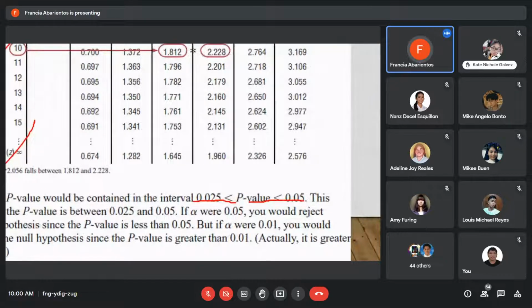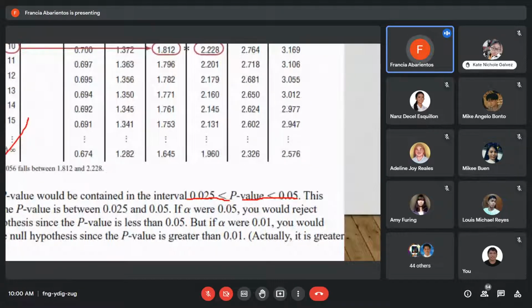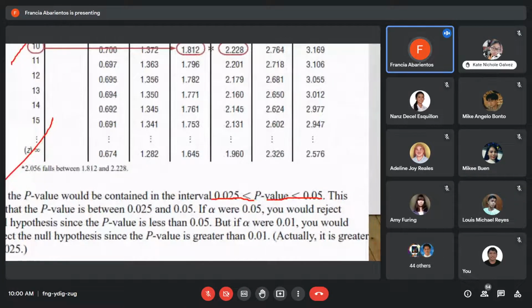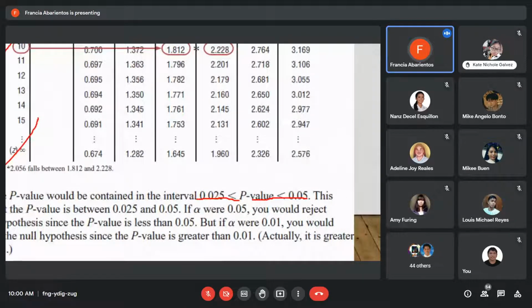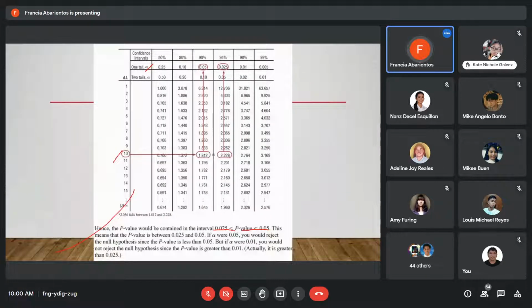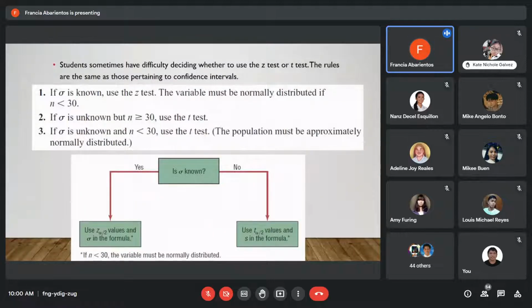But if our alpha is 0.01, you would not reject the null hypothesis since the p-value is greater than 0.01. Actually, it is greater than 0.025. Okay? So that is now another example in finding the p-value in a given t-test.